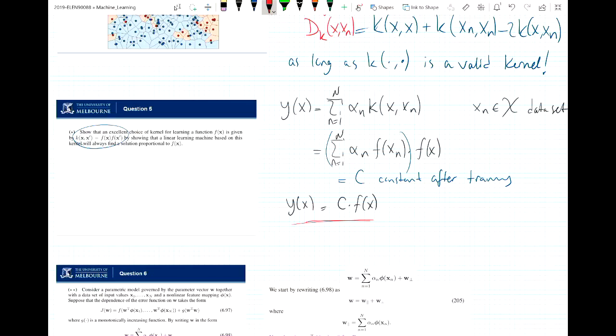What's the paradox? Basically knowing the model to guess the model. Yes, exactly, right? We don't know f of x. How can we use the kernel with f of x? If we knew f of x, we wouldn't need to learn it.